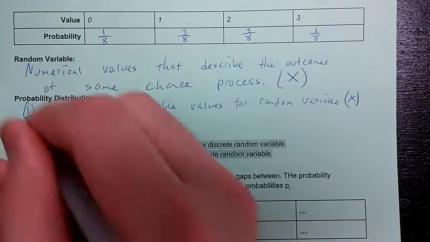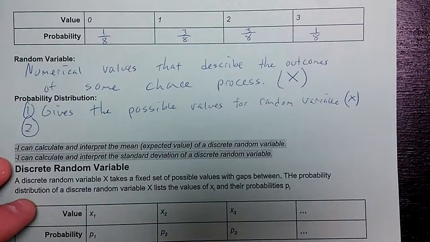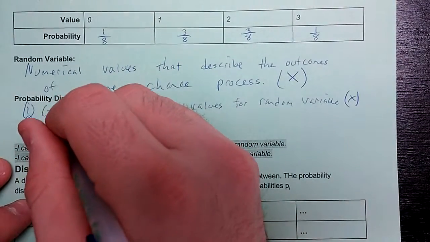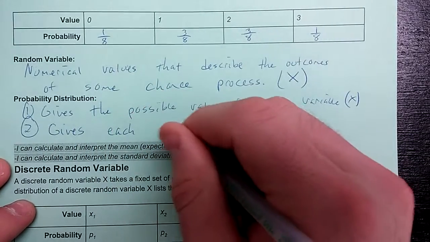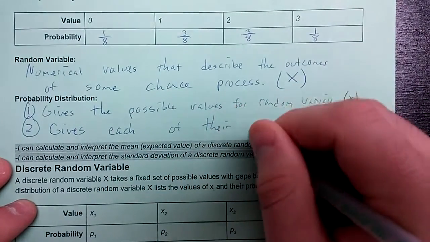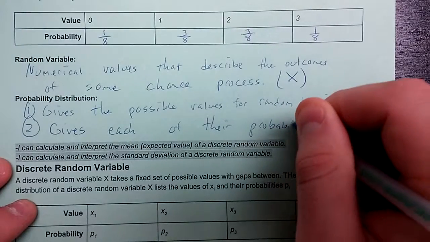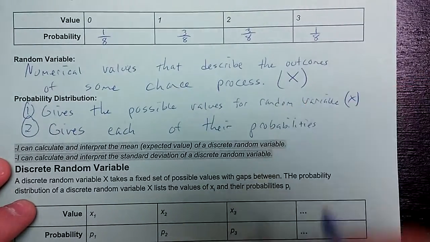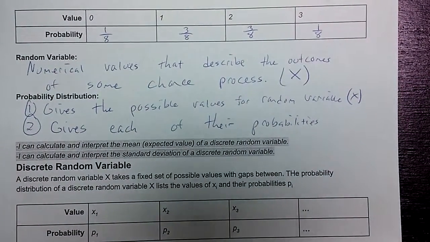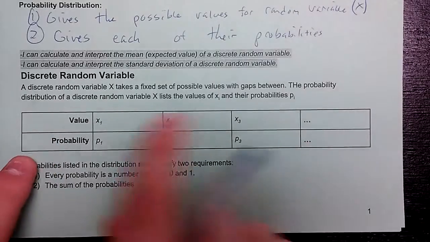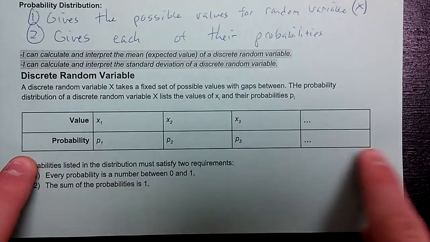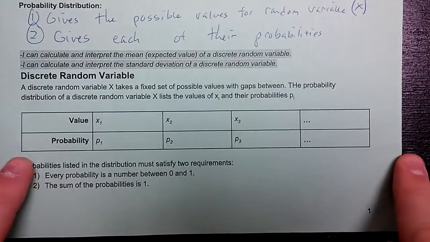Could be finite or infinite. 2, it also gives each of the probabilities. So those 2 things, all the possible values of the random variable and then each of their respective probabilities. So this is what it looks like. It's a table. The top row will be the values. Probability will be down here for each of those. Okay.